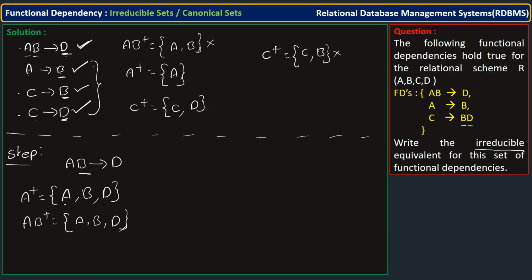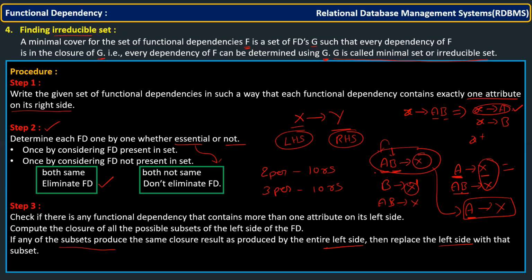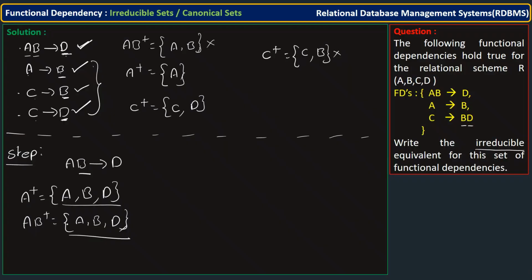Now you can see that both of them generate the same set, so you can replace the LHS part with that subset. That is what the last point says: replace the left side with that subset. So this FD we can write, instead of AB, simply A. Let us remove this part.